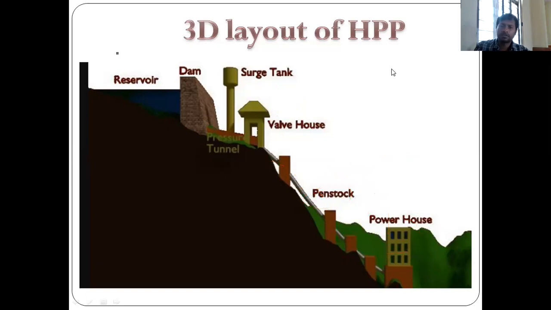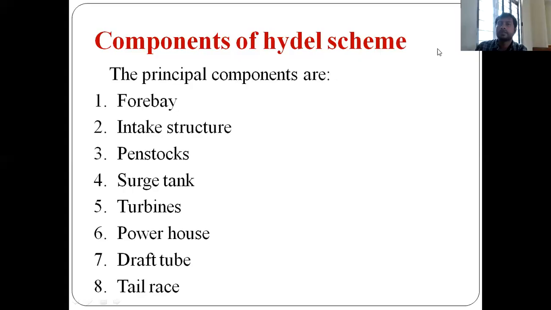These are the main parts of the hydro power plant, and if you understand these parts, you can understand these terms in the further discussion. So these are the parts we can recall. Forebay is a place near the dam, fore is nothing but near the dam, and bay is nothing but the place where water is stored.